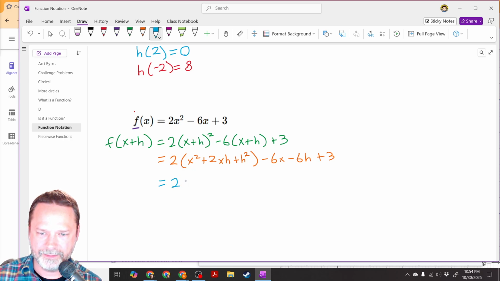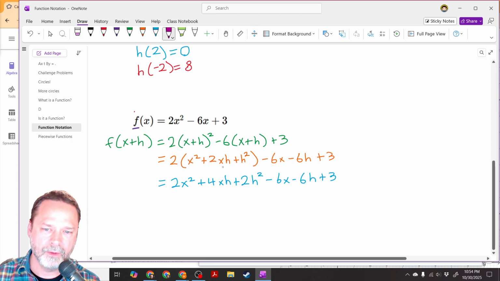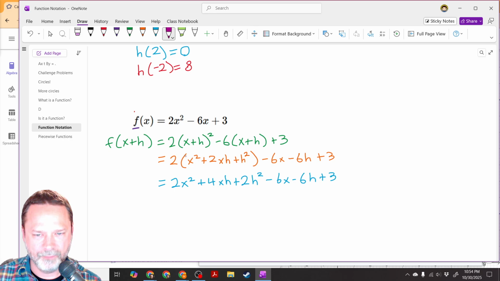Then we have 2 times x squared. We'll distribute this 2 in. 2 times 2xh is 4xh. 2 times h squared. Minus 6x minus 6h plus 3. Even doing this is nothing new. We've done stuff like this before, but now we can use this notation to set up problems.